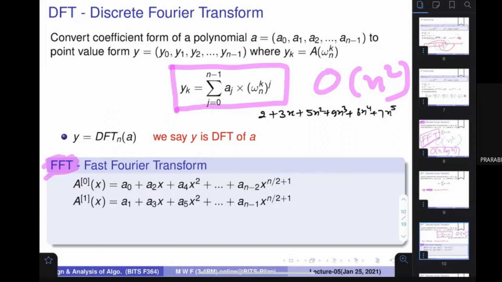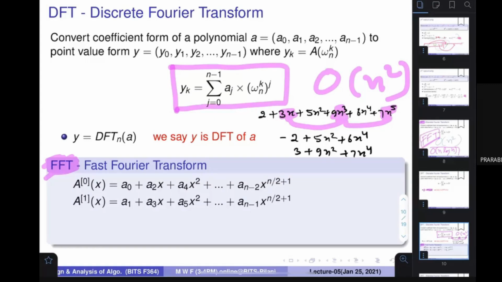Can I say that these are the terms where x is an odd power? I take it out. I say that 2 plus 5x square plus 6x to the power 4 is one expression, and 3x plus 9x cube plus 7x to the power 5 is another.